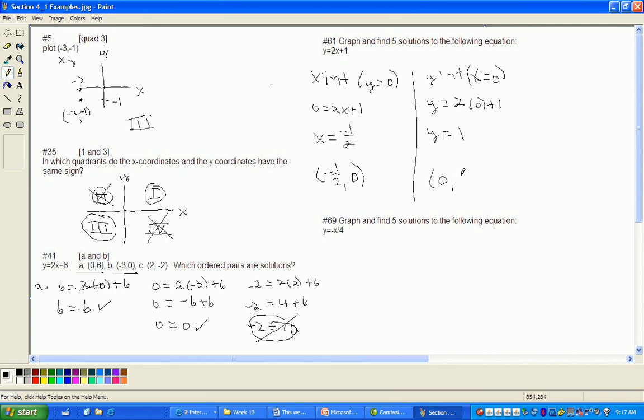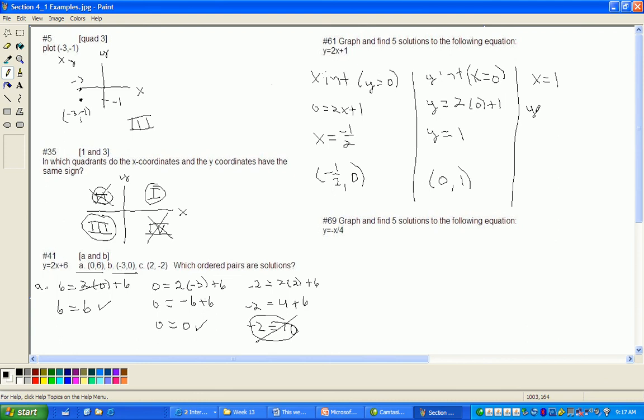Just for fun, I'm not going to find 5, but I'll find just one more. Let's go ahead and choose just a random one. Let's say x is equal to 1. If I set x equal to 1, let's find out what y would be. y is equal to 2 times 1 plus 1.